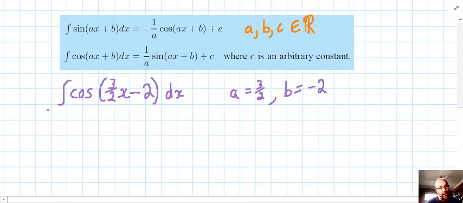We're looking at the second rule, and simply the reciprocal of a; a is 3 on 2, so the reciprocal is 2/3. And we've got cos reverting to sine, and a as usual. A hasn't changed inside the brackets, just matching the pattern that we've established from our work. And voila, we have our answer.